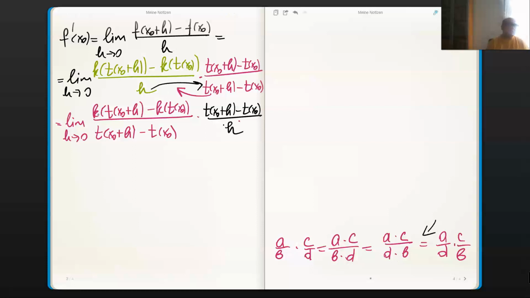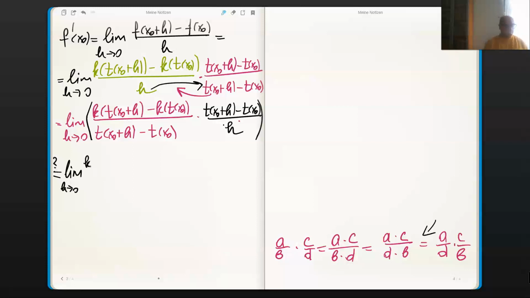So now we have a limit of a product, and if you remember from our last video, we can only separate the product in limit if we can make sure that the new two limits do really exist. So do we know it here? No, we don't, but let us see what's happening.